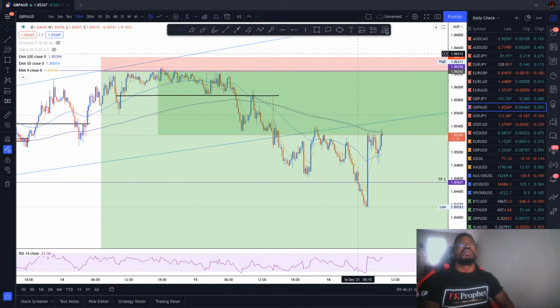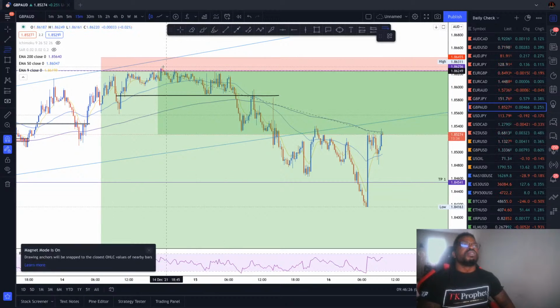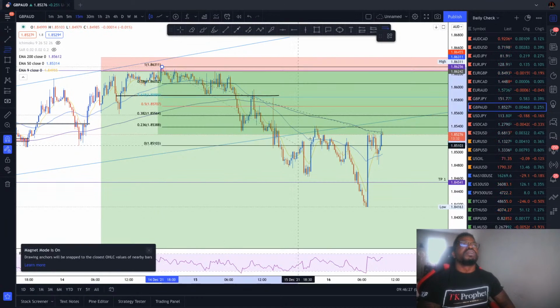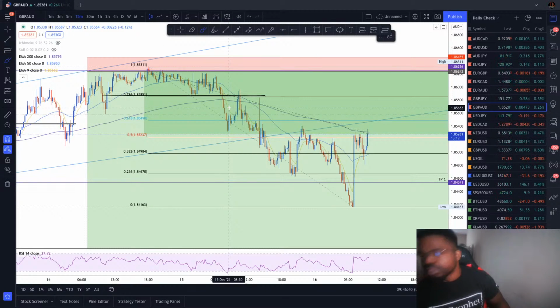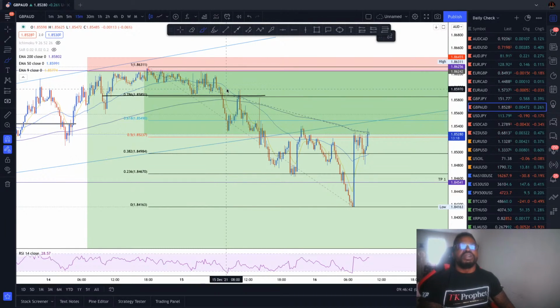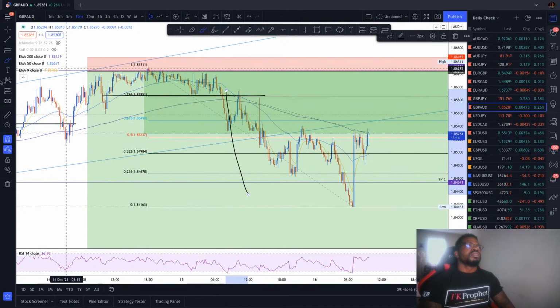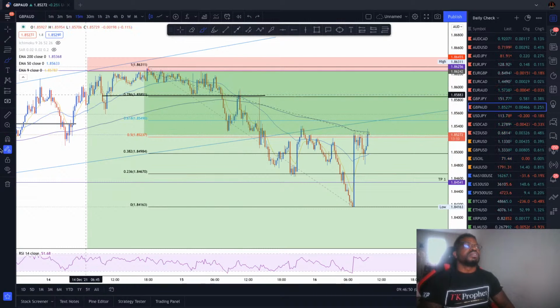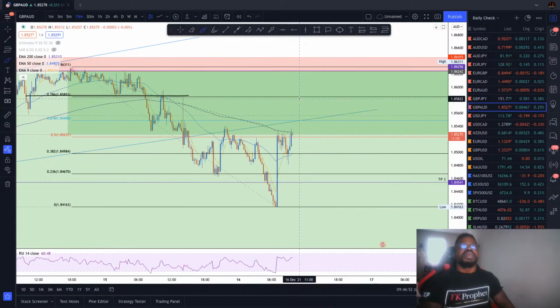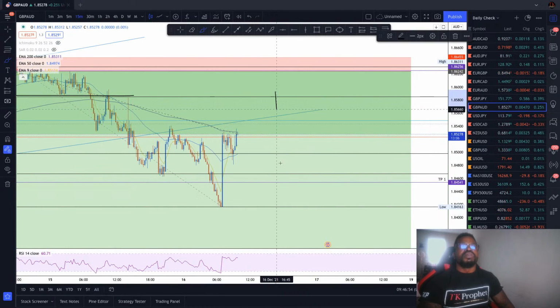Okay, cool. I'm going to measure the retracement. For instance, we have price coming down. Let me take this magnet tool off and I'll restart this. When price is coming down, it will never go in a straight line.